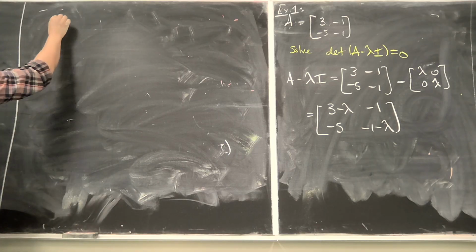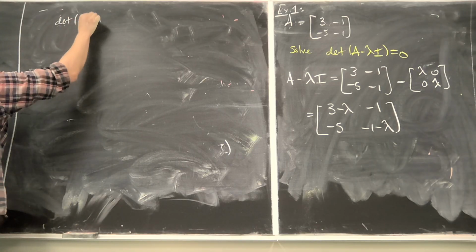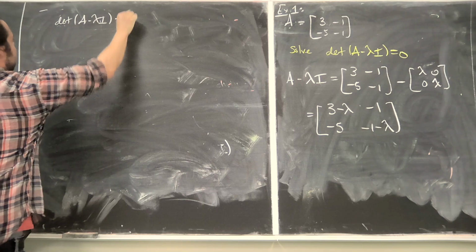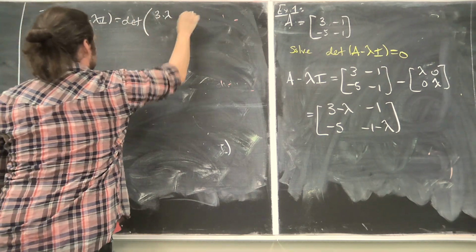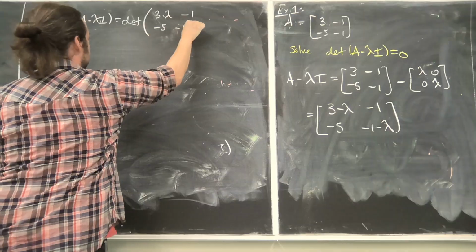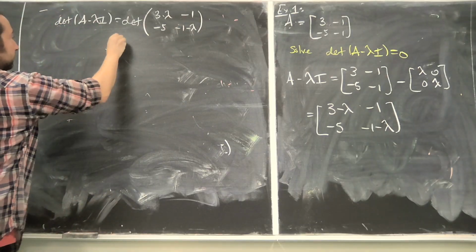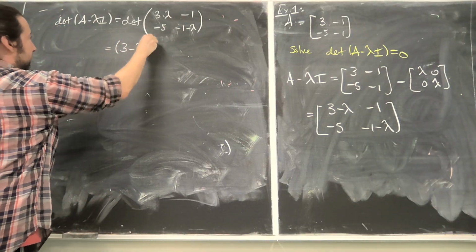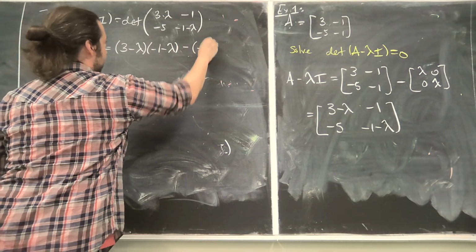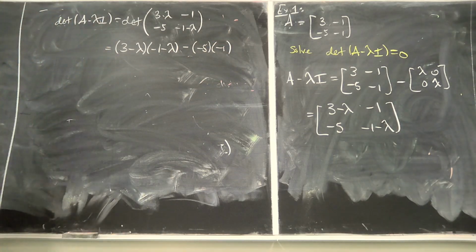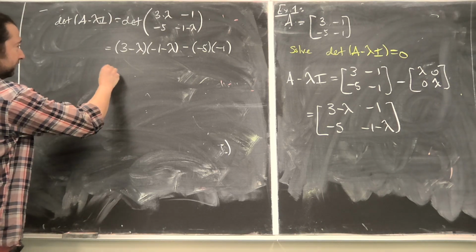So the determinant of A minus lambda I is the determinant of 3 minus lambda, minus 1, minus 5, minus 1 minus lambda. And that's equal to (3 minus lambda)(minus 1 minus lambda) minus negative 5 times negative 1. When you're done foiling this, you guys can verify for me here.